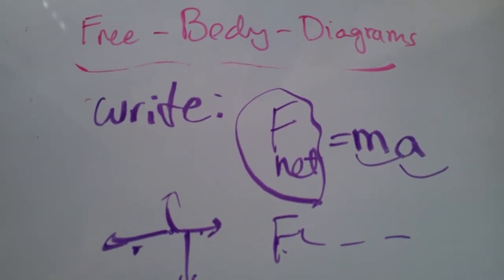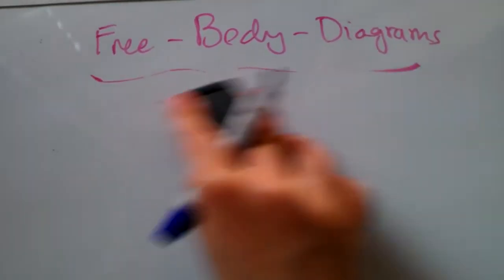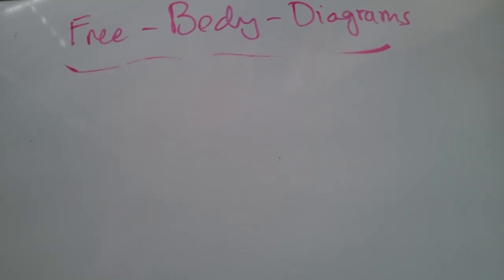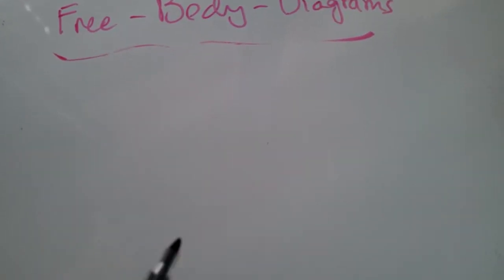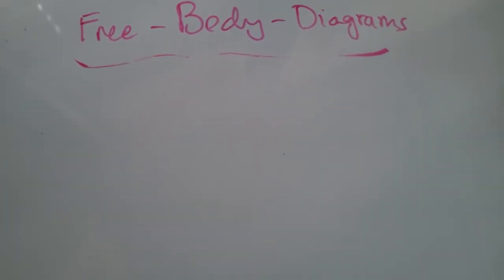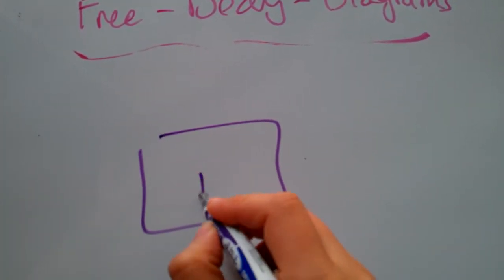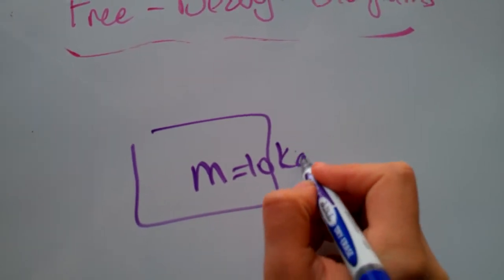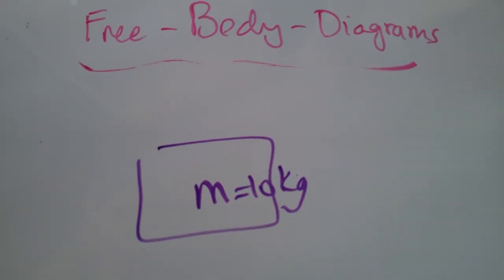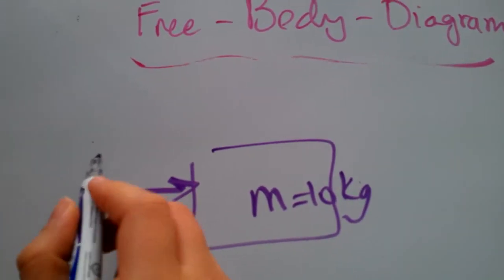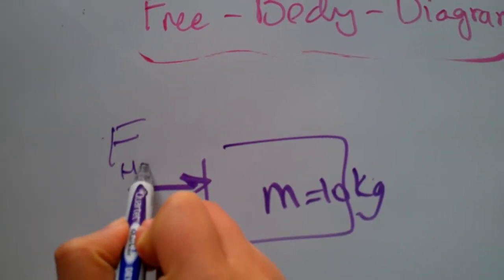Okay? So let's just practice a little bit on these free body diagrams and try to make some sense out of it. If I tell you there is a box here with mass of 10 kilograms, okay? Now, I push this, so this is the force from my hand.